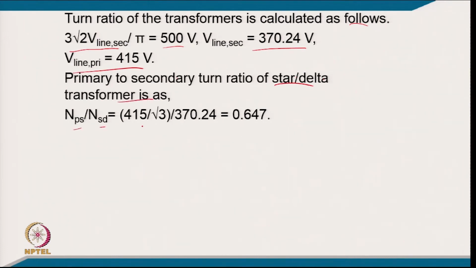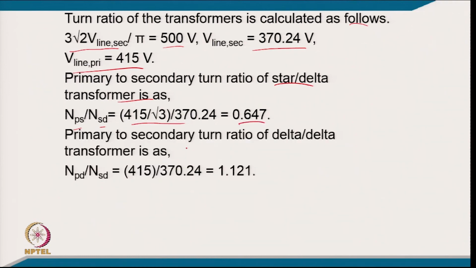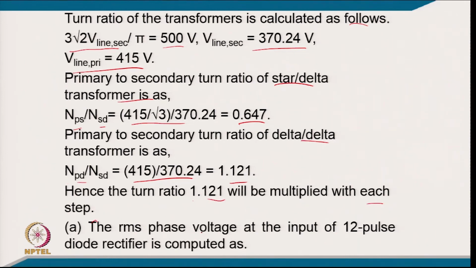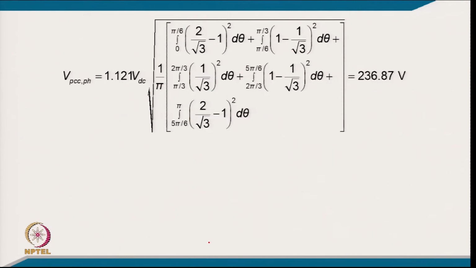From this voltage it comes to 0.647, and for the delta delta connected transformer, putting the voltage on both sides, we get the turns ratio 1.121. Hence, the turns ratio of 1 to 1 will be multiplied with each step, and the RMS phase voltage at the input of the 12 pulse diode rectifier is computed again with the segments, 1.21 1 to 1 VDC, and that is the first segment.